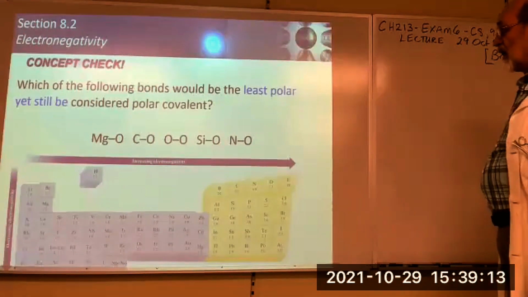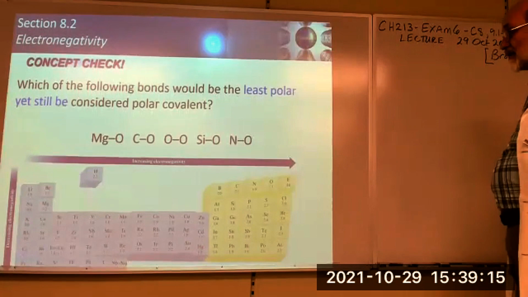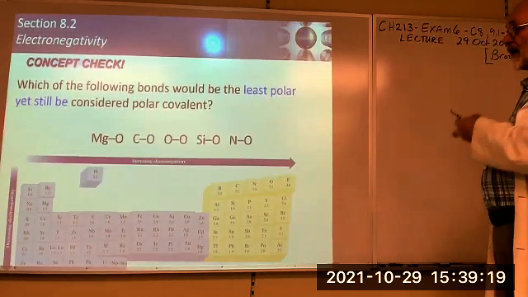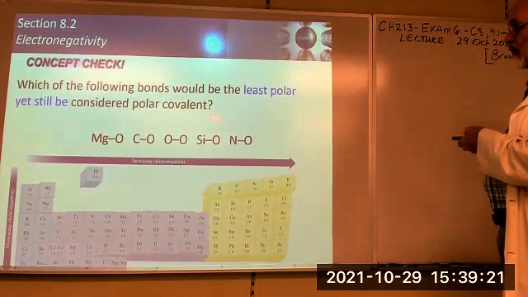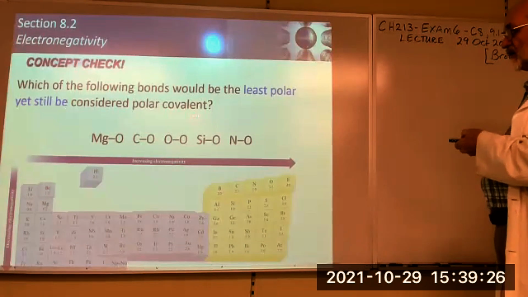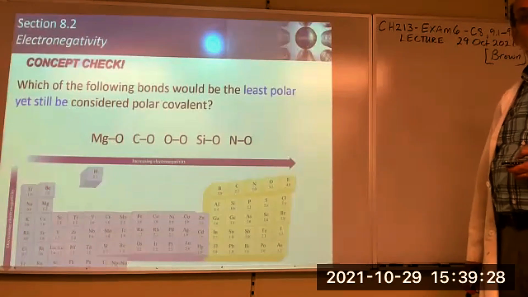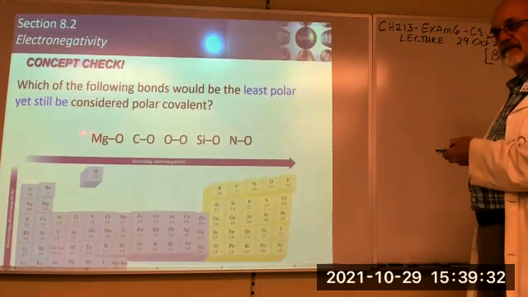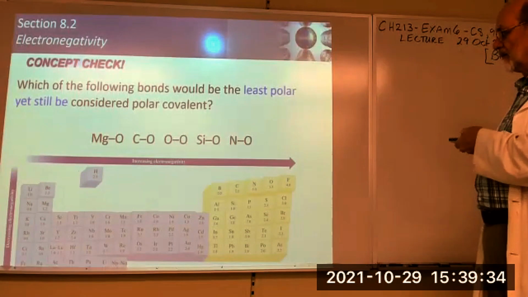Okay, which of the following bonds would be the least polar, yet still be considered polar covalent? In order to answer that one, I work backwards. If there are any ionics in there, throw them out. Magnesium oxide is ionic, so throw that one out.